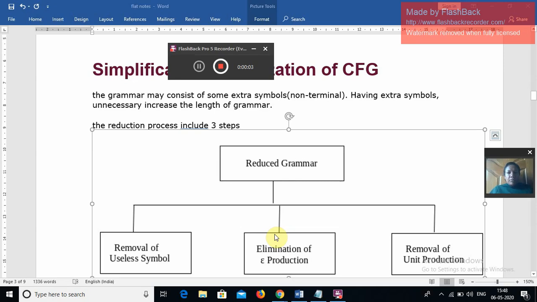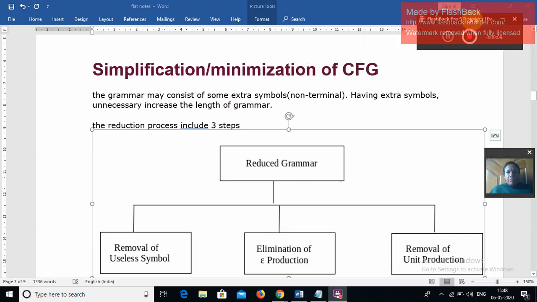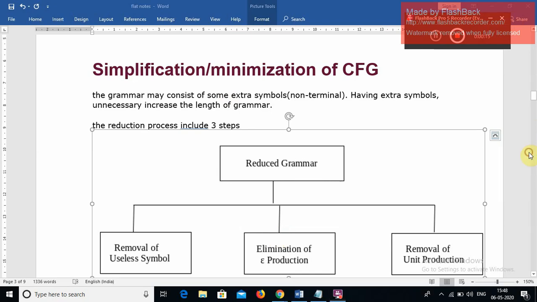Hi everyone. So the next topic is simplification of context-free grammar, or simply called minimization of context-free grammar. The grammar may consist of some extra symbols, called non-terminals, and having these extra symbols will increase the length of the grammar.